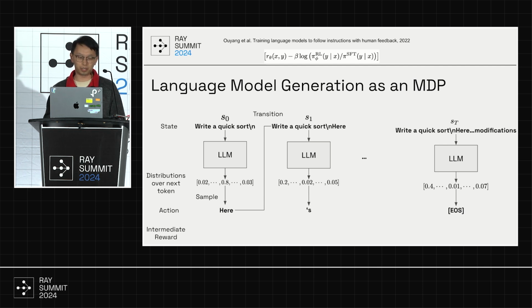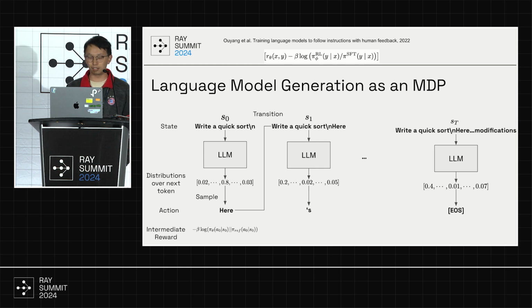So as we can see, it's actually a trajectory rollout using LLMs. And so this forms the state, the action space, and the transition probability. And what we can define as the reward is defined by the 2022 InstructGPT paper written by OpenAI.